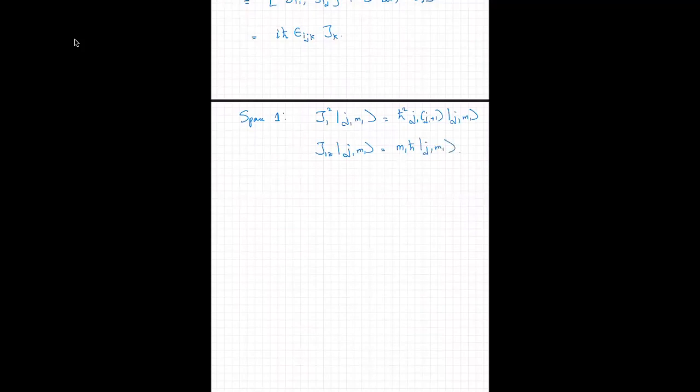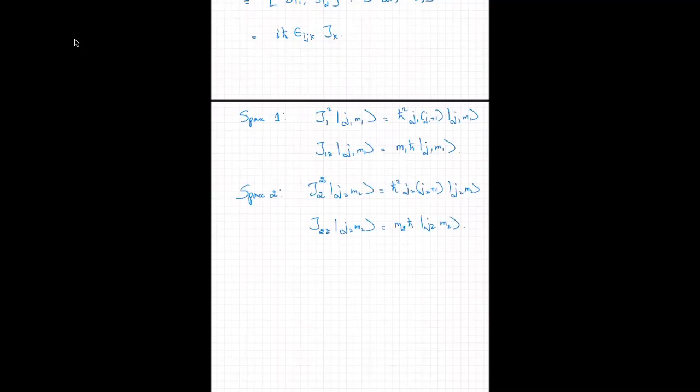Similarly, in space 2, you have J2 squared acting on |j2 m2> equals h bar squared j2(j2 plus 1) |j2 m2>, and J2z acting on |j2 m2> will simply give me m2 h bar |j2 m2>, right?